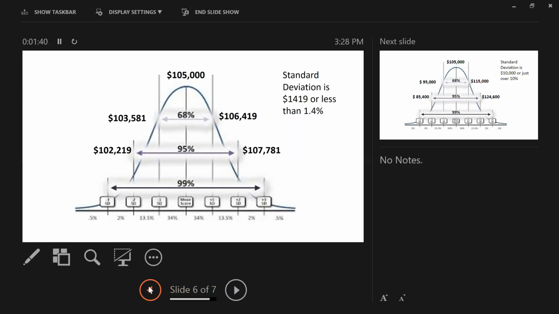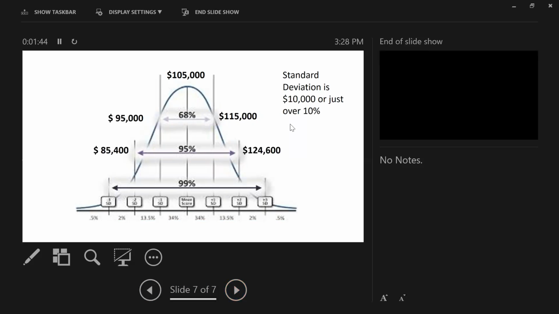Let me show it to you one more time, but with a higher standard deviation. So now I increase the standard deviation to something that's more normal, $10,000, and I show you that I'm 68% confident that this property is actually worth something between $95,000 and $115,000. I'm 95% confident that it's worth $85,400 to $124,600.